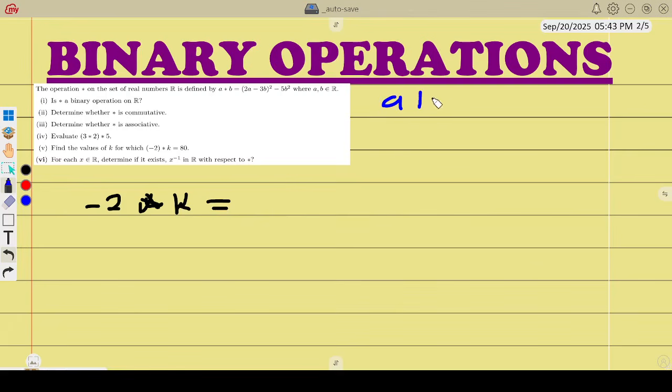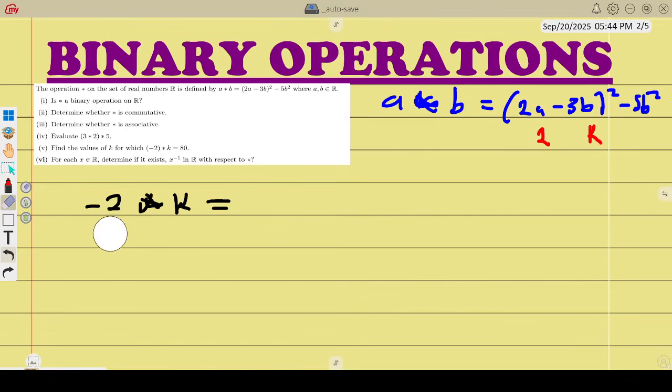Always remember the original function is 2a minus 3b squared minus 5b squared. So this is our a, this is our b. Where there is a, we put negative 2. Where there is b, we put k.